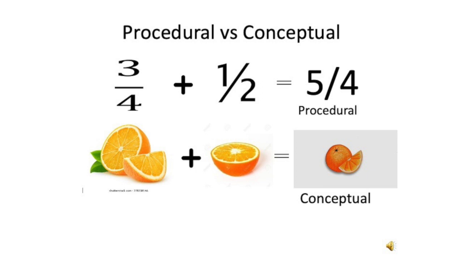So the procedural method, a child in upper primary will be able to do it. But with the conceptual method, even a child in lower primary will be able to figure it out. So this is crucial in this study, because we are proposing that the mole concept should be taught right down in primary school.